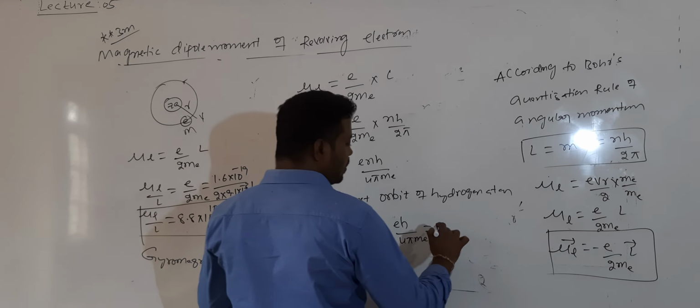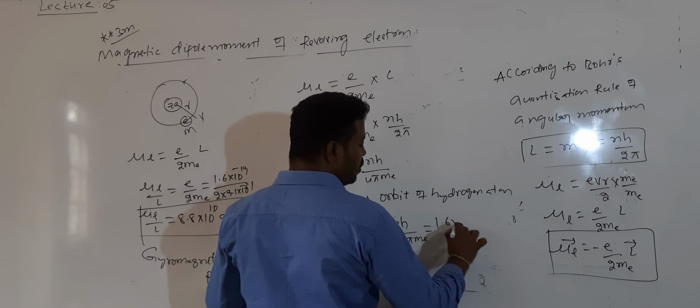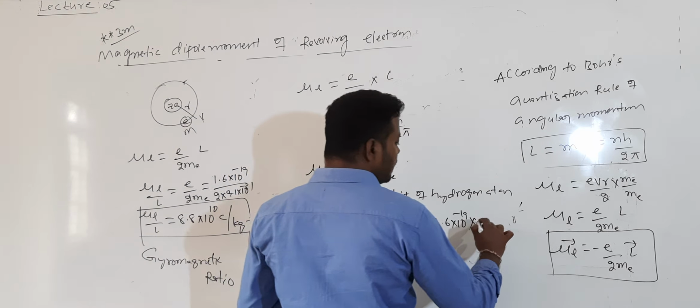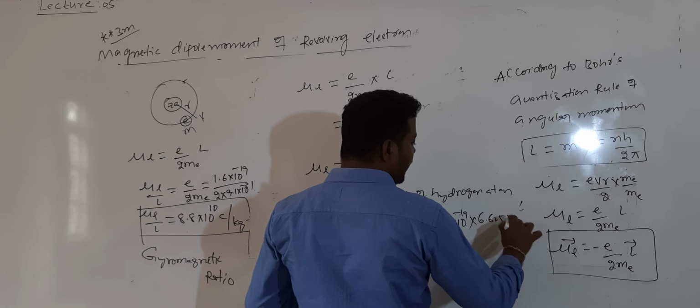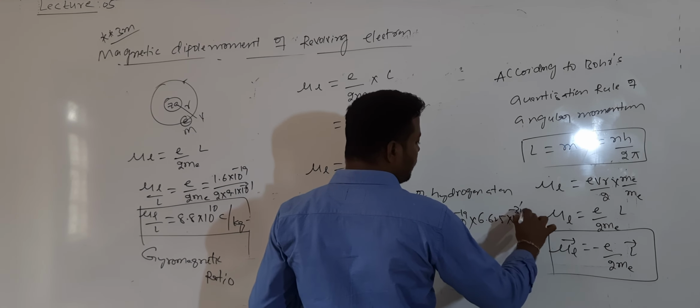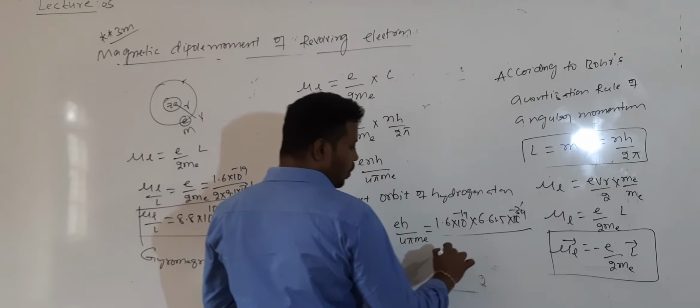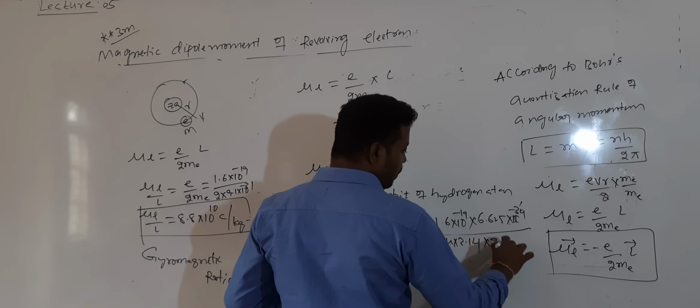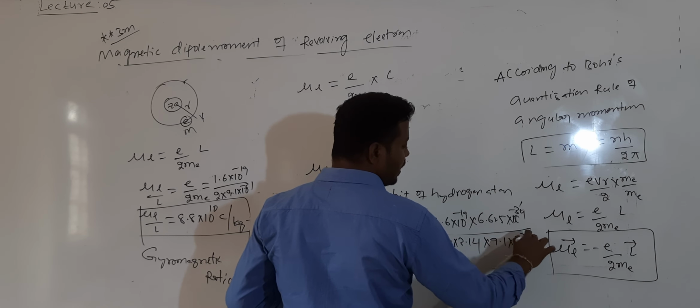Substituting the values: e is 1.6 into 10 to the power of minus 19 and h is 6.625 into 10 to the power of minus 34, divided by 4 into pi value 3.14 into Me value 9.1 into 10 to the power of minus 31.